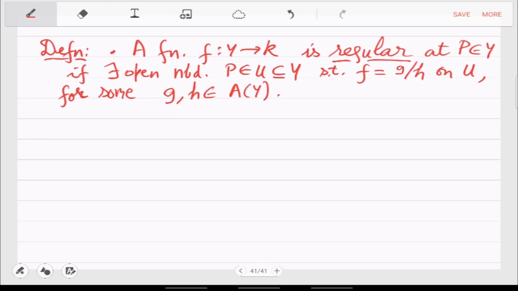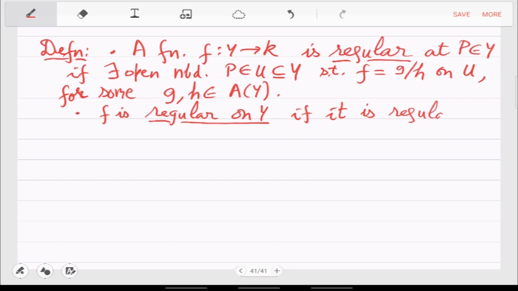It's true only for some U. And we call a function regular on the whole quasi-affine variety, so f is regular on Y, if it is regular for each point.